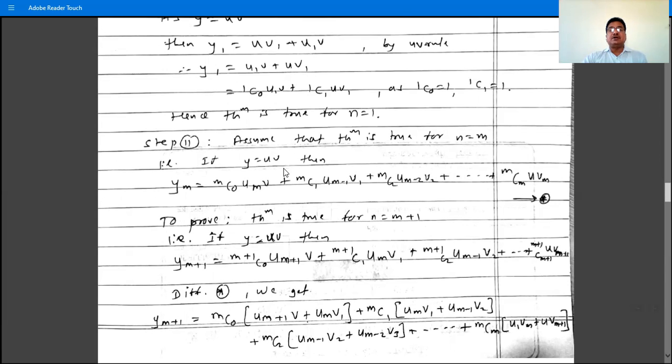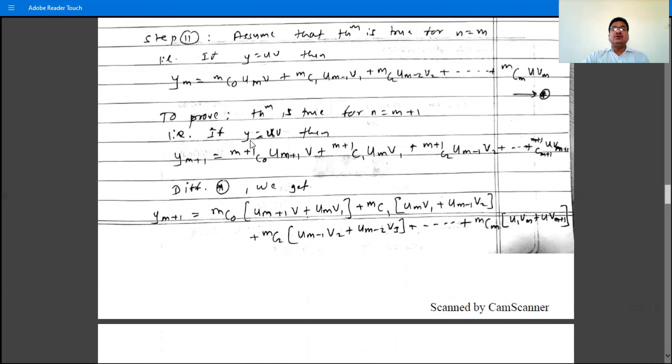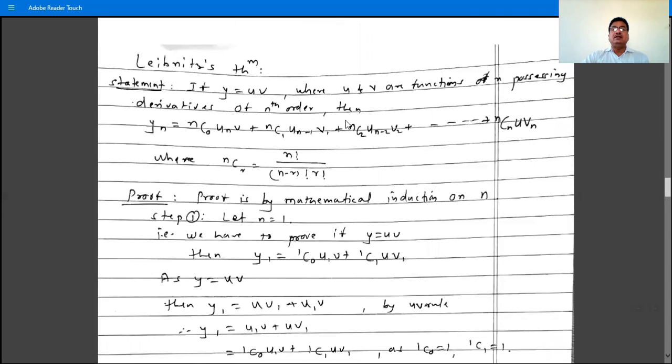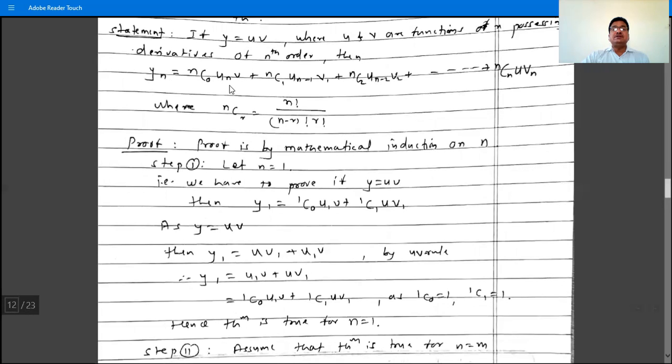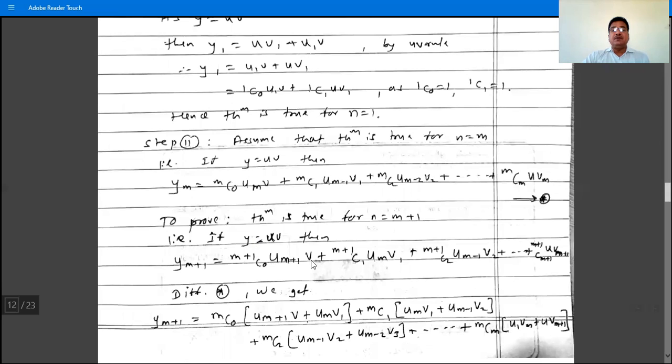It is our assumption. And what do we have to prove in the second step? To prove the theorem is true for n is equal to m plus 1. That is, assume the theorem is true for n is equal to m, and prove the theorem is true for n is equal to m plus 1. That is what we have to prove: if y is equal to u into v, then ym plus 1, substituting n as m plus 1 in this theorem, what do we have? m plus 1 C0 um plus 1 v is the first term.